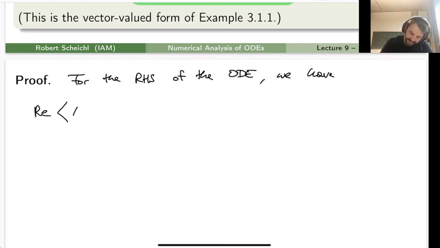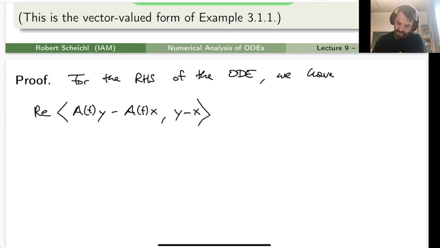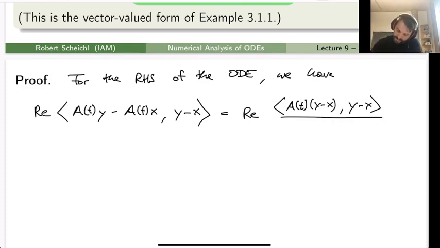So in the linear setting, that's A of t times y minus A of t times x, with y minus x in an inner product. I exploit the linearity, so I get the real part of the inner product of A of t (y minus x) with y minus x, divided by the norm of y minus x squared and times the norm of y minus x squared.